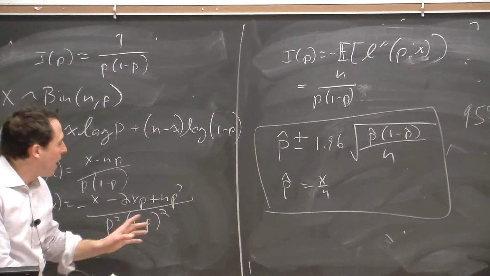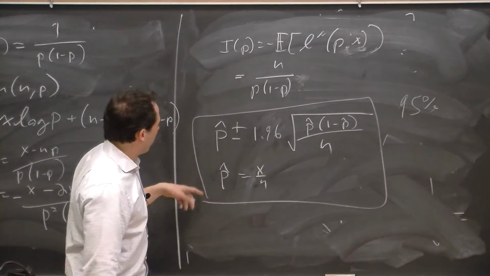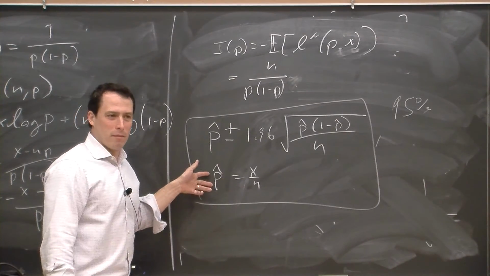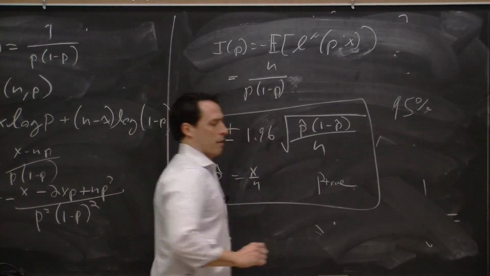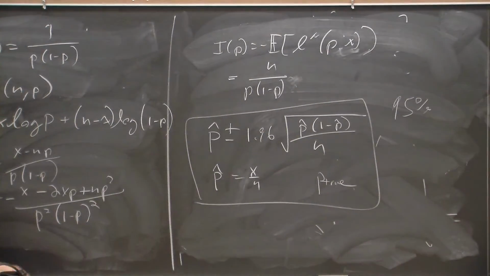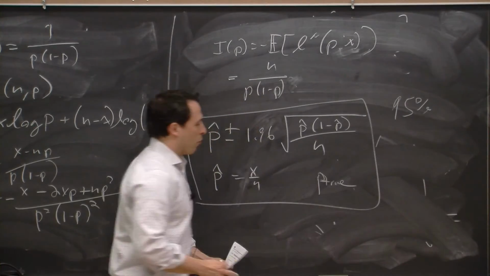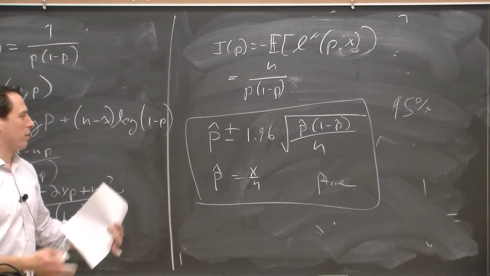What I mean by that is, if you go to your computer and pick a true p, and you simulate it, you flip a billion coins, 10 billion coins, a trillion coins, or you flip 100 coins. A better thing would be you flip 1,000 coins, you construct a confidence interval.